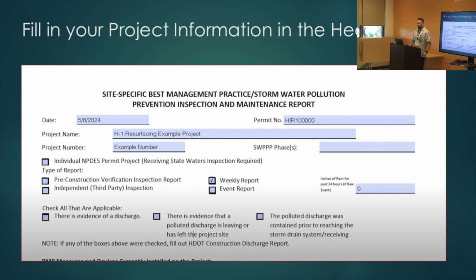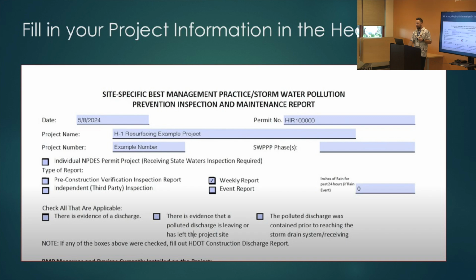Next you would start to fill in the data on the form. Some of this is a refresher for everybody, but you fill in the date of the report, the permit number, project name, project number, and then an important piece is what type of report this is. In this case, I showed a weekly report.